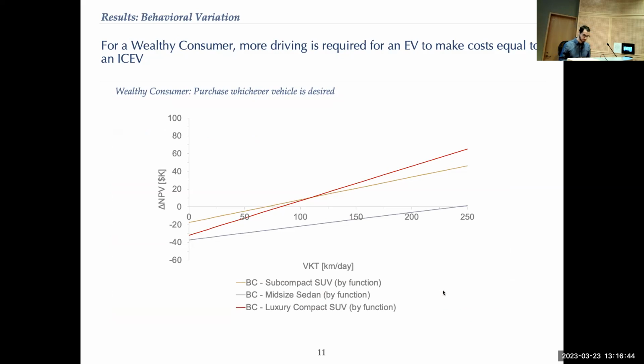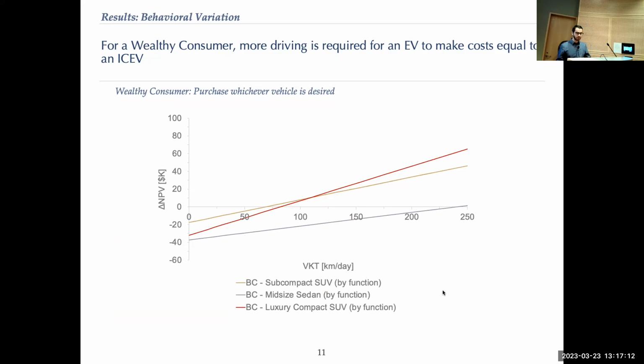If we just focus first on the yellow line, which is the subcompact SUV, the Hyundai Kona, I would have to drive about 75 kilometers per day. And then if we compare that to a couple of different types of vehicles, let's say the luxury compact SUV, so getting a little bit bigger and then going luxury, it's actually not that much different. It would maybe require me to drive another 10 to 15 kilometers per day more in order for my EV to equal in value to the gasoline car.